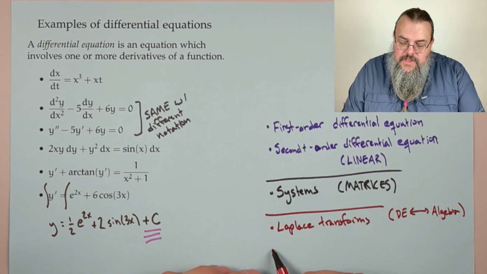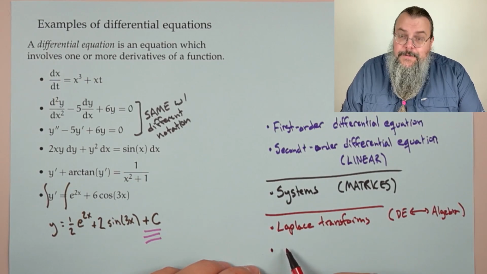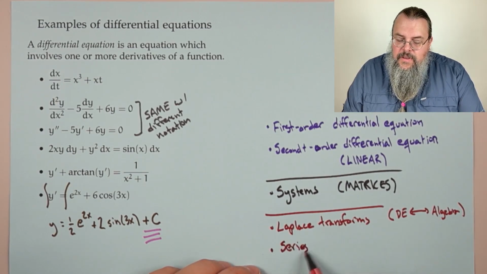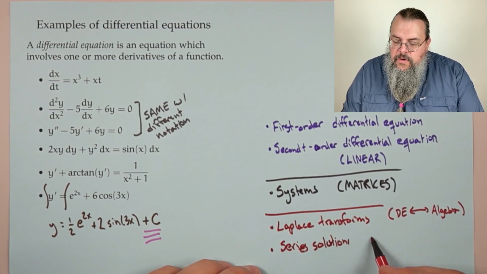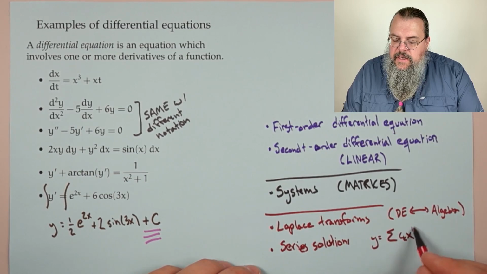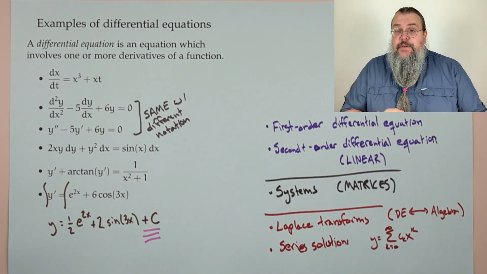And of course, our last topic, where we're going to have some fun, is series. If you remember from precalculus, what is a series? Well, it's something that looks like a sum of c_k x to the k. And this is a great way to go about finding good approximations.